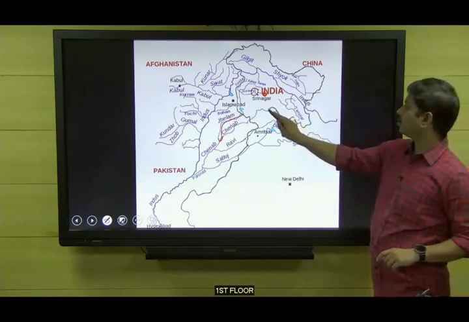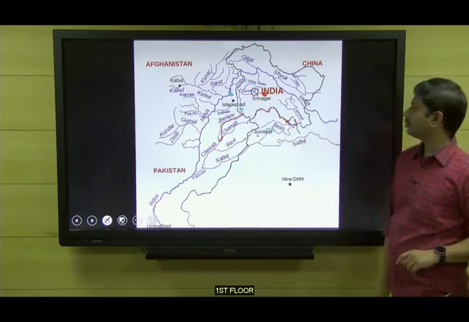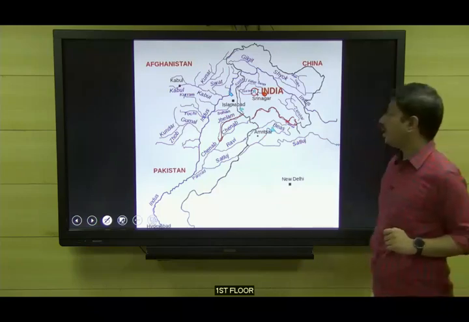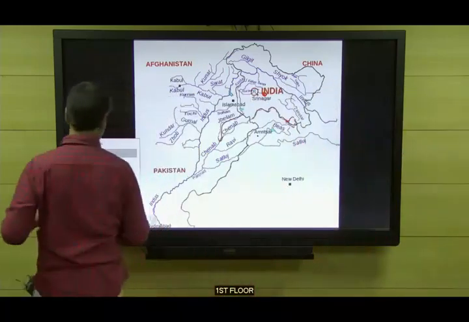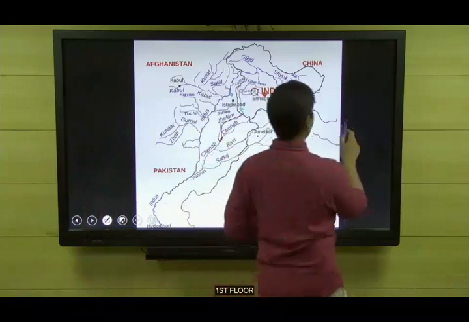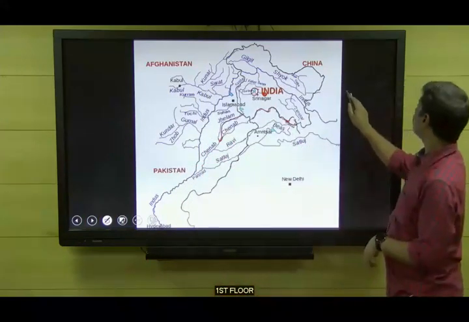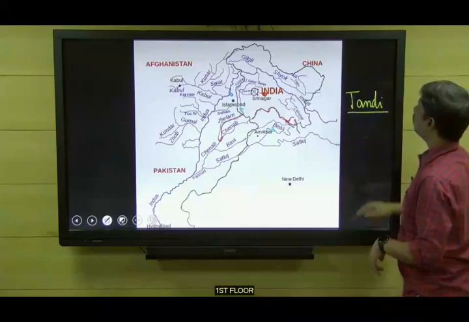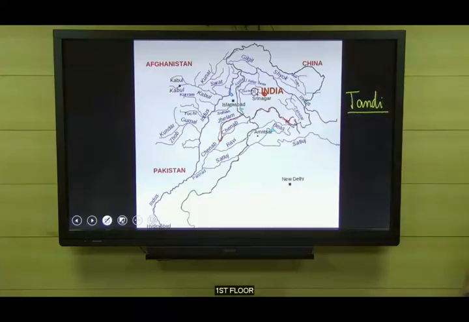They both join at Tandi, the place where the Chandra and Bhaga rivers unite to form the Chenab is known as Tandi.